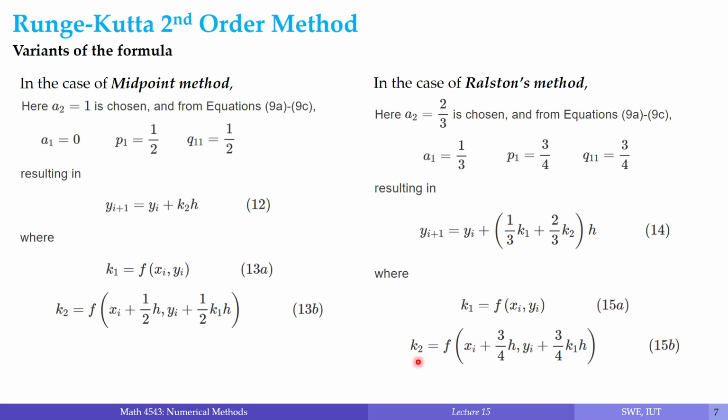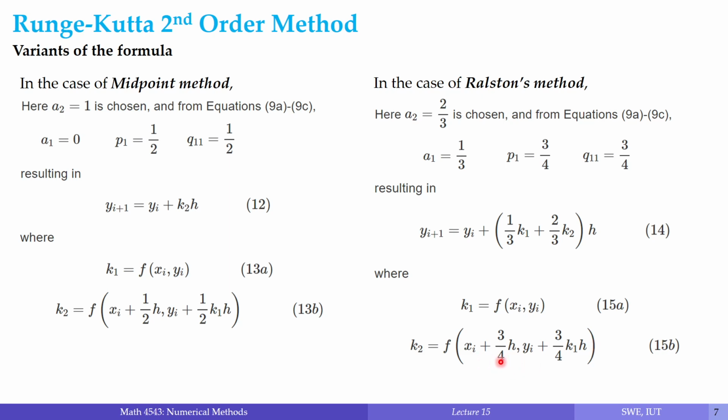While finding the slope at the second point, an intermediate point between xi and xi plus 1, the value of the slope k2 will be the functional value of the bivariate function at the point xi plus 3 by 4 h, which means we progress 75% of the pathway between xi and xi plus 1, three-fourths of the step, instead of half of the step that we did in the midpoint method.